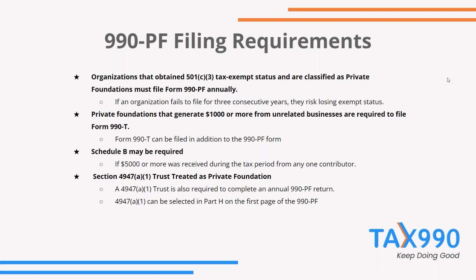Organizations that obtain 501c3 tax-exempt status and are classified as private foundations must file the 990PF return of private foundations annually to report their foundation's revenue, expenses, assets, liabilities, compensation details, activities, and etc. to the IRS.